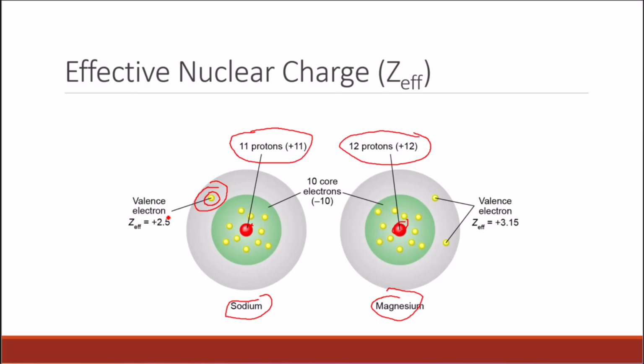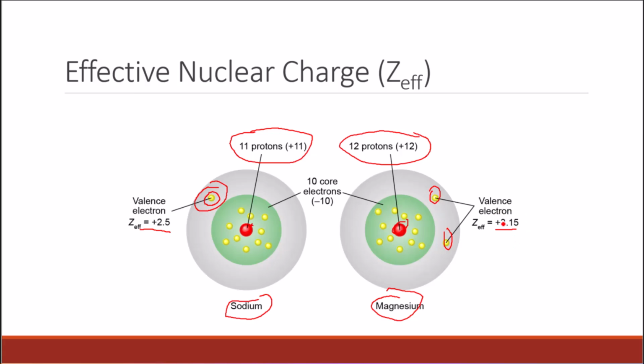So the effective nuclear charge, what this valence electron is feeling for sodium, is a mere plus 2.5, and for the two valence electrons that magnesium has, because there's one more proton in the nucleus and the same number of shielding electrons, it comes up to 3.15, a positive value.